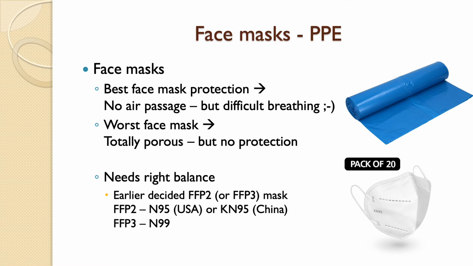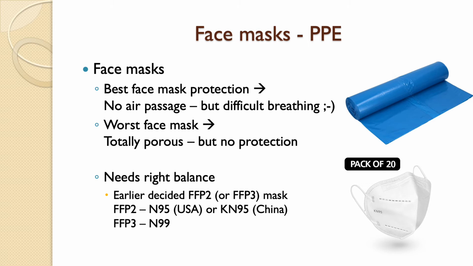And it was decided before the COVID-19 pandemic that for such situations we would need an FFP2 mask, which filters about 95%. FFP2 is also called N95, or KN95 in China.